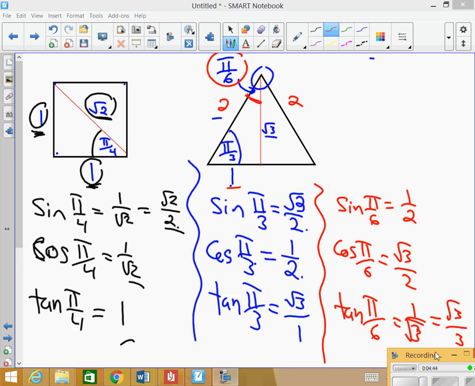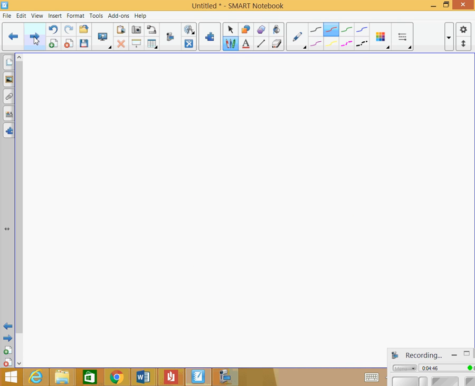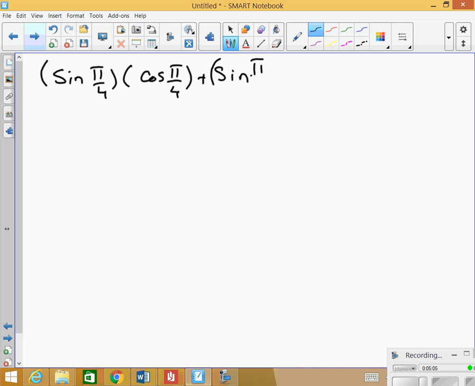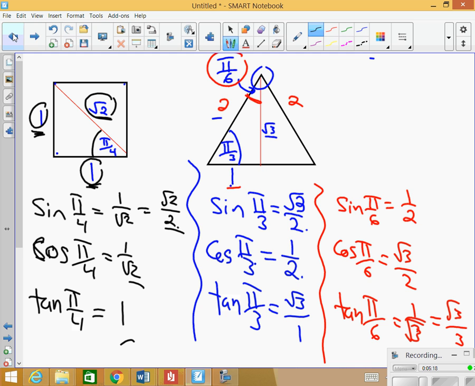So let's take a look at an example. Moving ahead, we have this example. Let's say we have sine pi over 4 multiplied by cosine pi over 4, plus sine pi over 6 and cosine pi over 3. Going back to our special angle relationships, sine of pi over 4 is root 2 over 2.